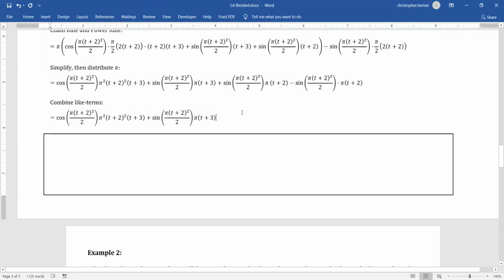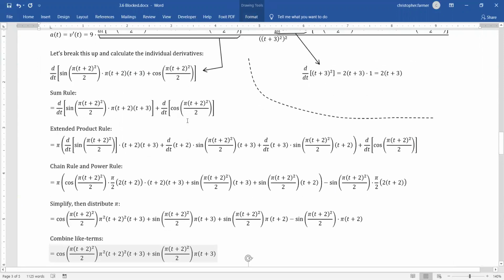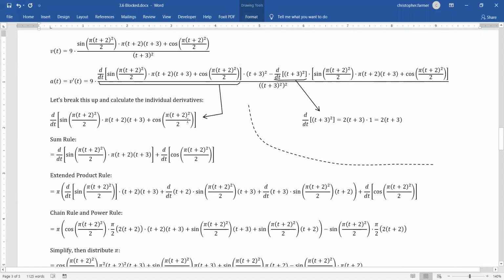Okay, so that, again, it's a lot of work. It's not something that I would expect you to do on a test or quiz, certainly, and even in a homework assignment. There's no way this is going to come up as something that's complicated. But at the same time, realize that applications are complicated.